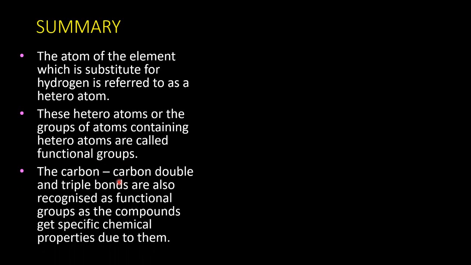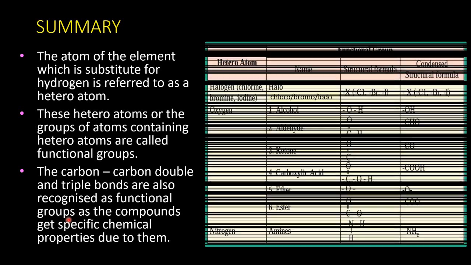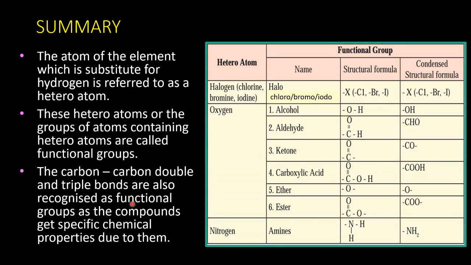The carbon-carbon double and triple bonds are also recognized as functional groups as they change the chemical properties of the hydrocarbons. So we have seen many functional groups ranging from halogens to oxygen heteroatoms and nitrogen as well.